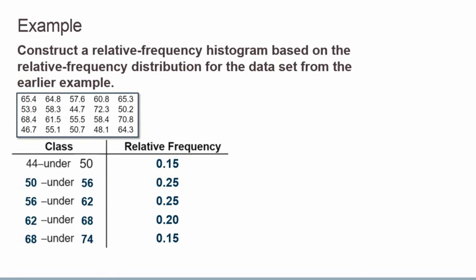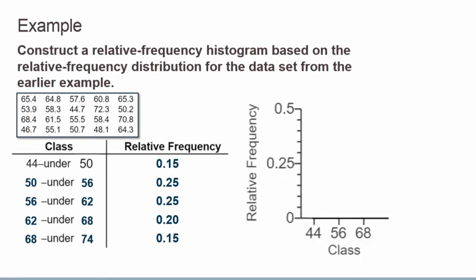We want to start with our two axes. My horizontal axis is labeled class, and my vertical axis is labeled relative frequency. Again, my hash marks are the lower class limits. I have 44, 56, and 68.